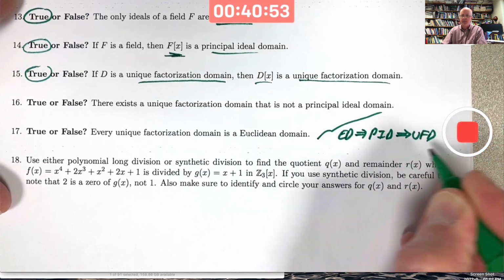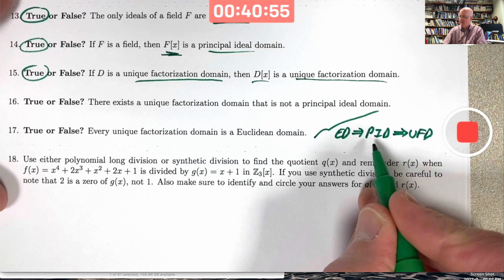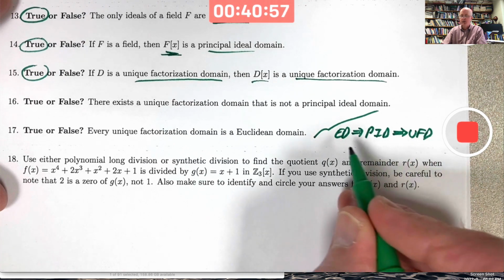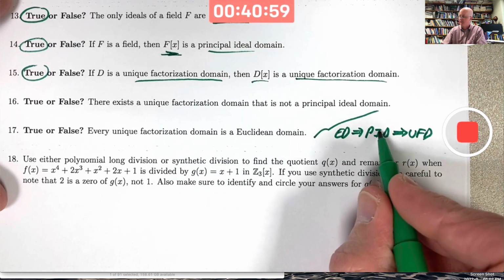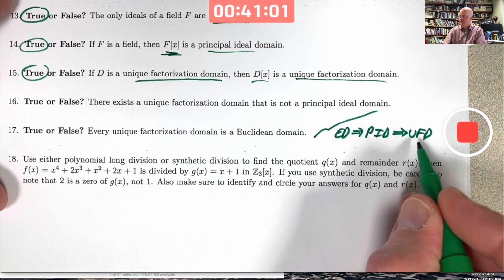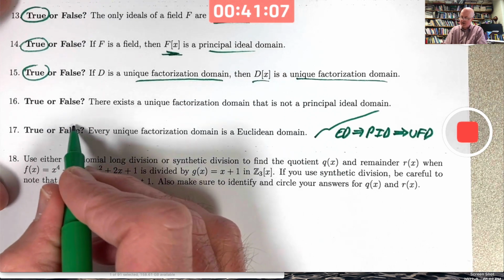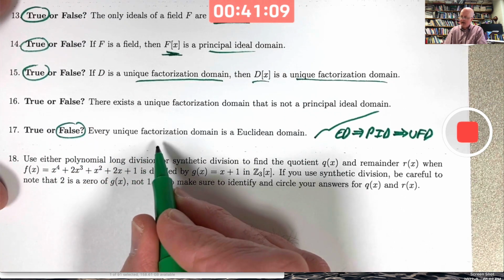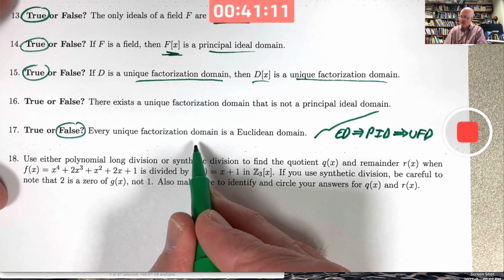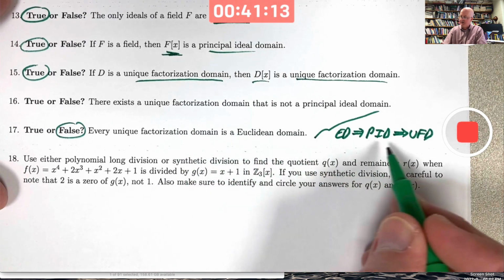And this is easy to remember because it goes in alphabetical order, E before P, P before U. Every Euclidean domain is a principal ideal domain, and every principal ideal domain is a unique factorization domain, which means, in particular for 17, the answer has got to be false.